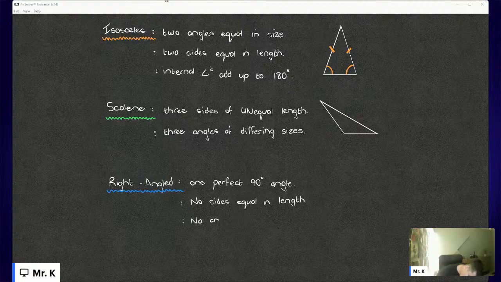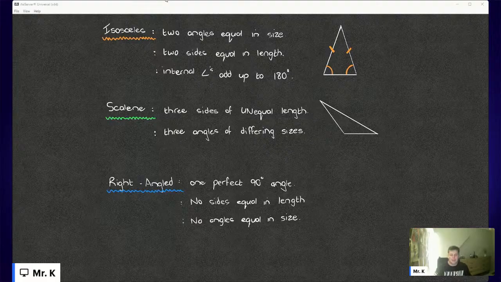So there are no angles equal in size. Now, you guys will have started learning about the theorem of Pythagoras, which is important and relates to right angled triangles only.